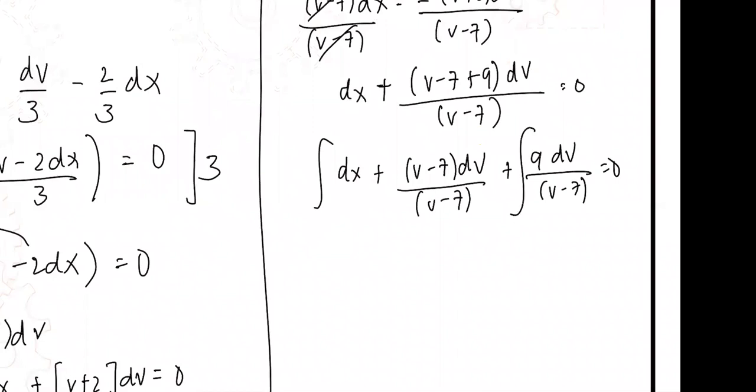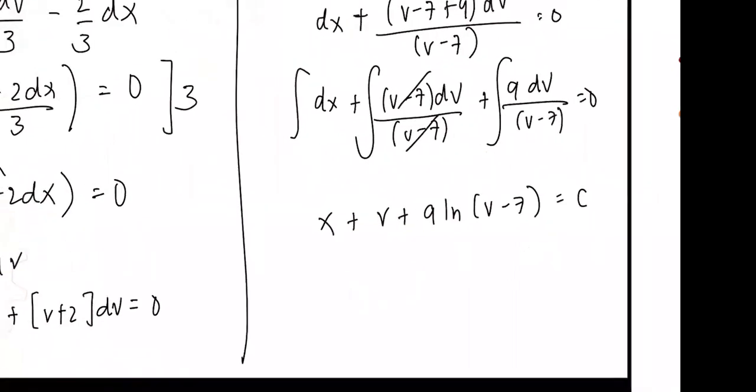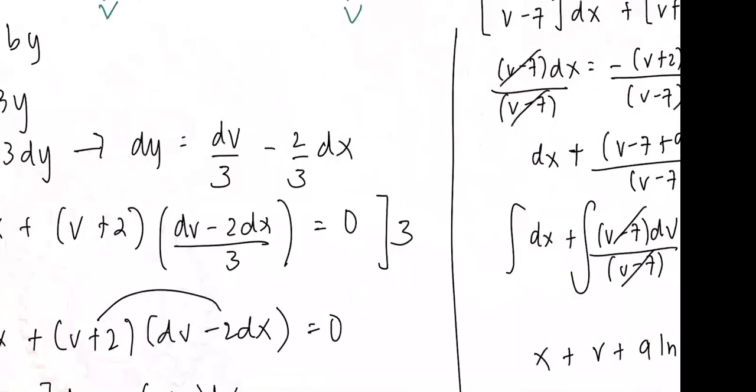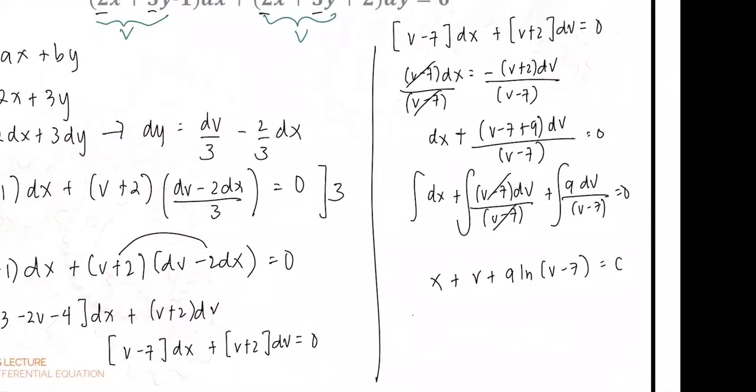Integrate natin lahat. Cancel out 'to. So we have x plus v plus 9 ln v minus 7 equals to c. Then substitute natin yung value ng v natin na 2x plus 3y. Okay? So x plus 2x plus 3y plus 9 ln 2x plus 3y minus 7 is equals to c.